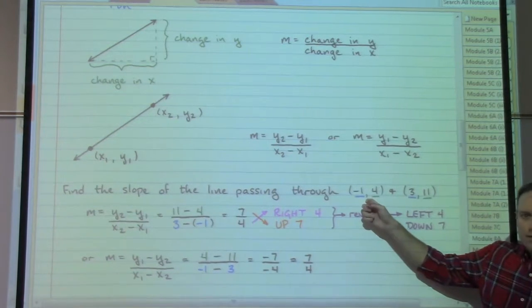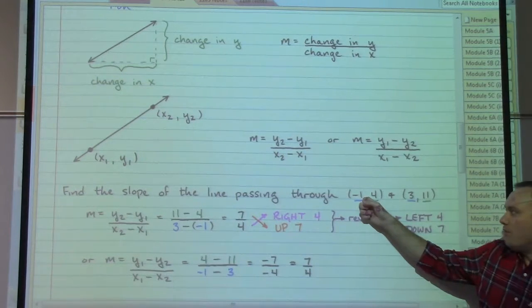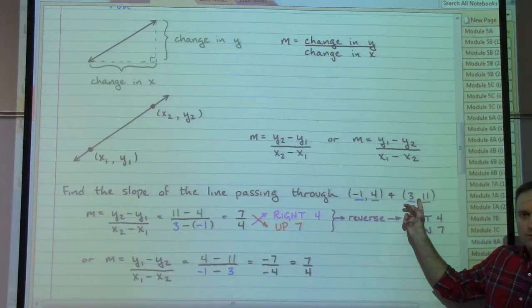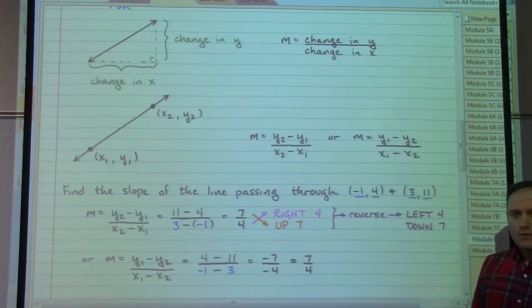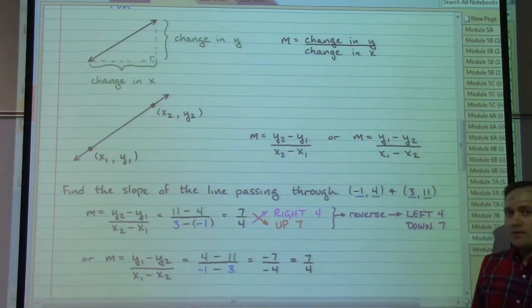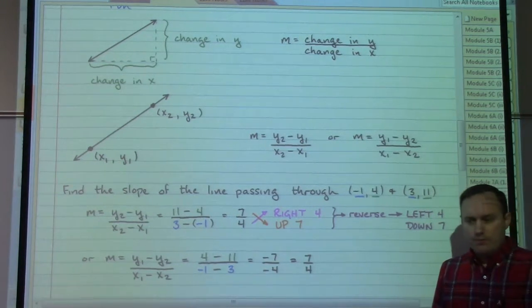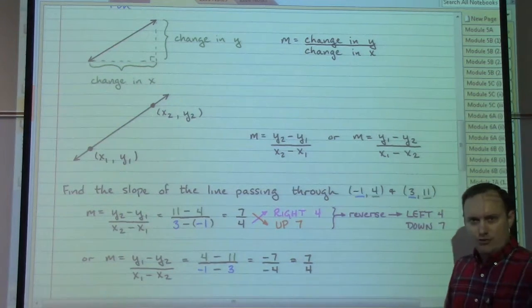Or you could also look at it as whether I start at this point, -1, 4, and move to the other point, or if I start at the other point and move to the first one. I'm going to be on the same line, but I have a different motion, a different set of directions that I'm following in order to make that travel.